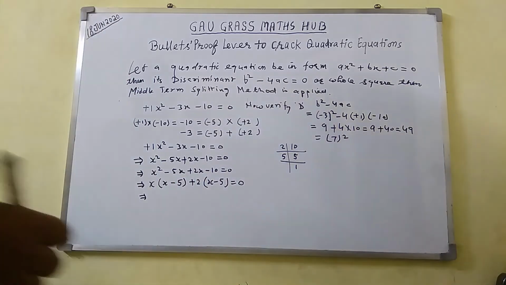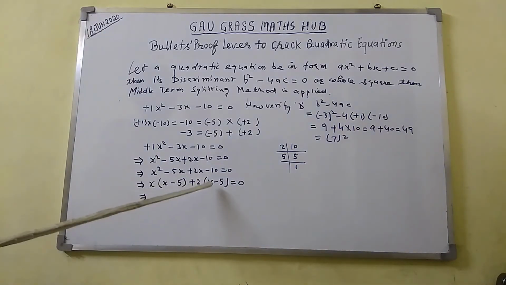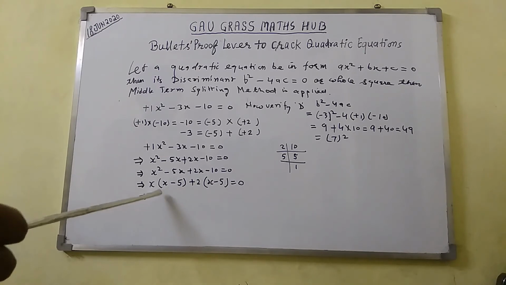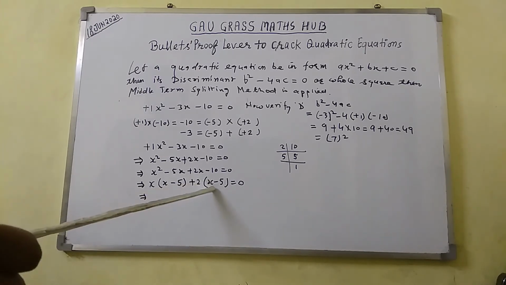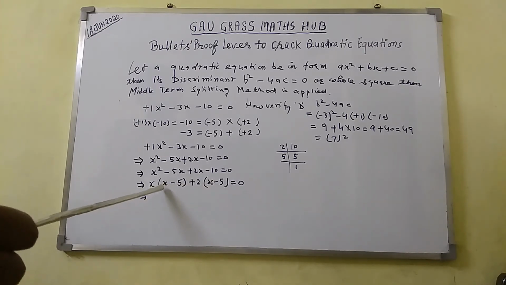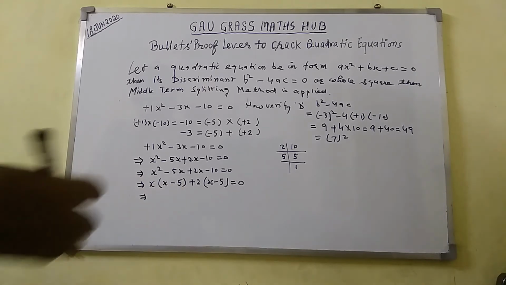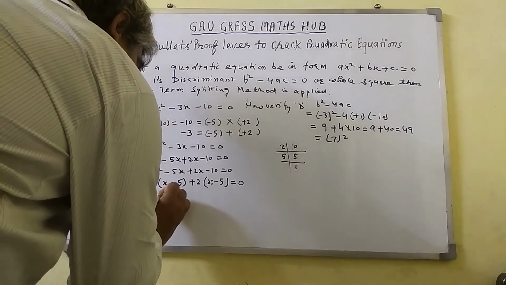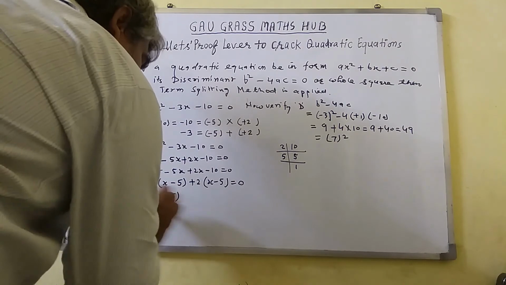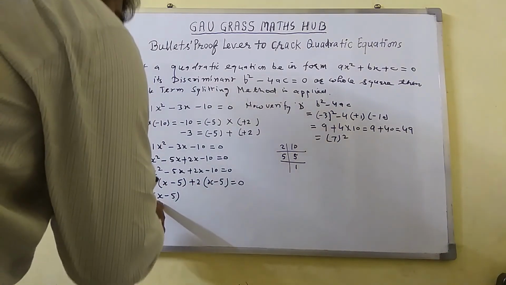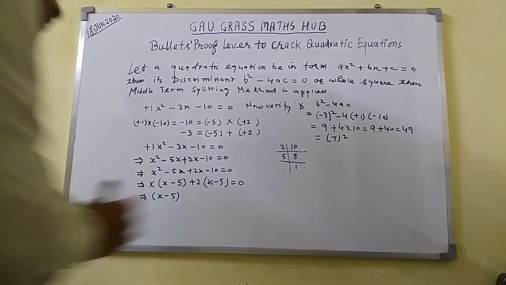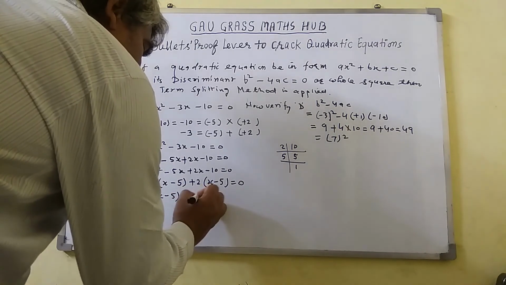Now x minus 5 is there in both terms, so you can take x minus 5 as common. X minus 5 will come in one bracket, and in another bracket it will come x plus 2.